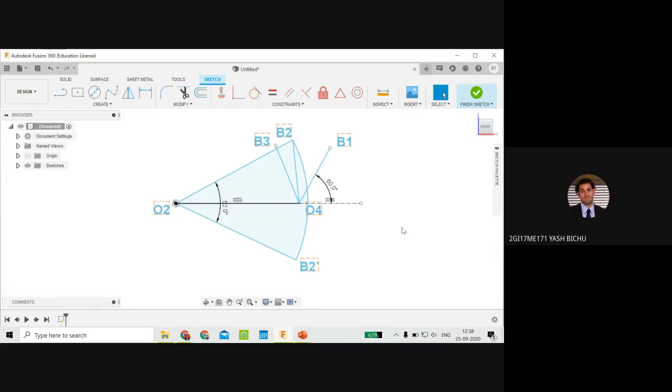So angle 52 should be from O2B2 only, right? Not from the horizontal line. No, it should be from O2B2, because O2B2 is a ray which I am supposed to rotate by 52 degrees.